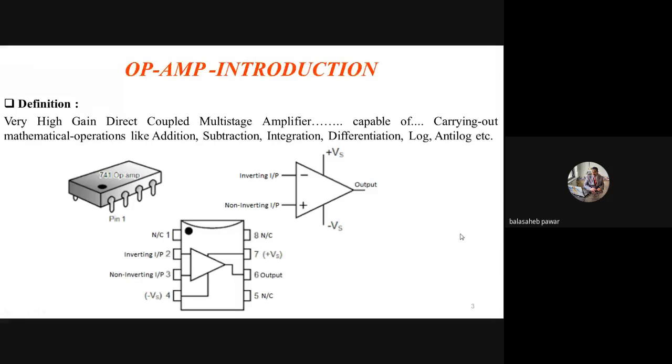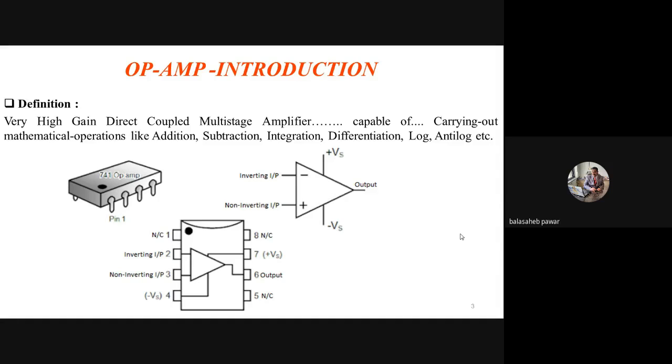So before going to the next slide, I would like to just highlight over here what is meant by inverting input and non-inverting input. So just imagine to this IC, if I connect this non-inverting input, or we can call it the positive input, to the ground. Just ground it.